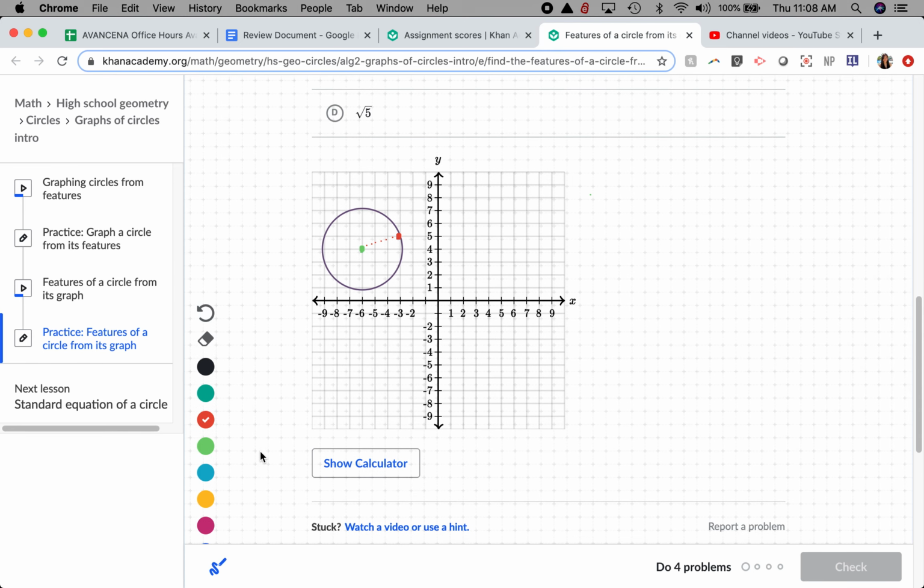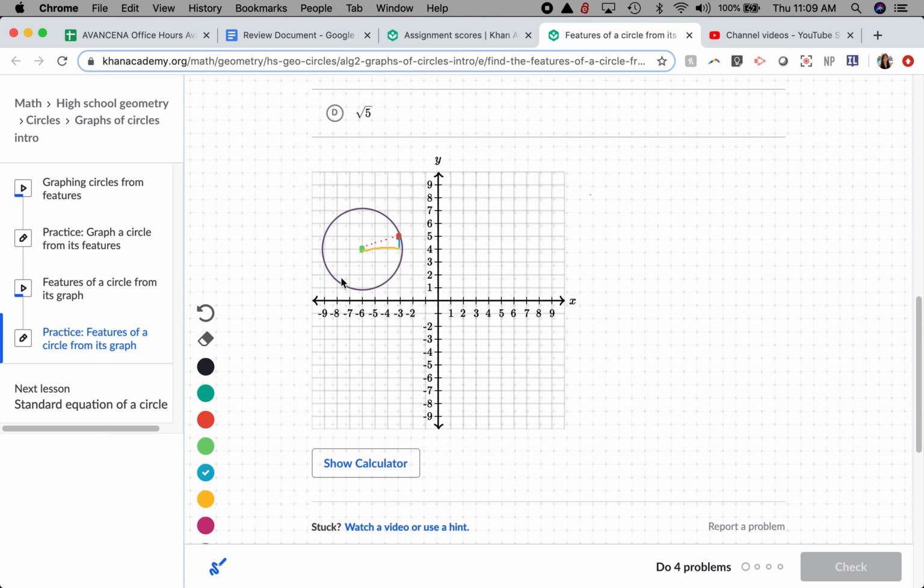Now, what we can do here is apply the Pythagorean theorem, because if I make a right triangle, the radius in this case is actually just the hypotenuse of this right triangle.